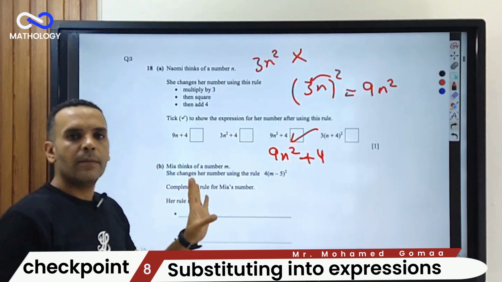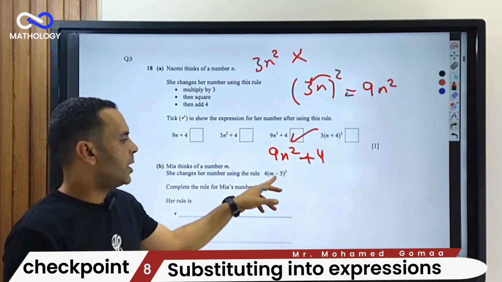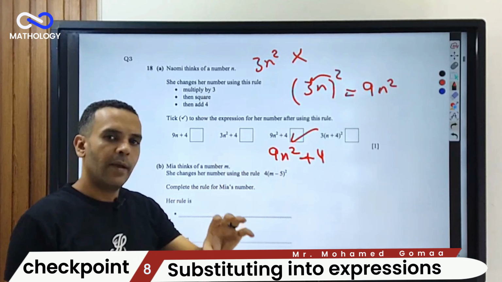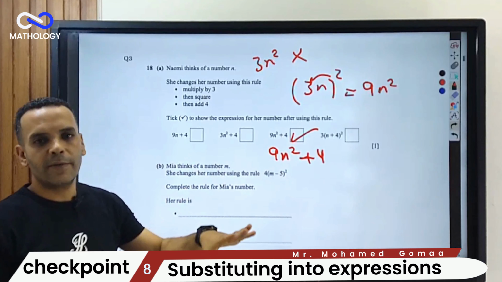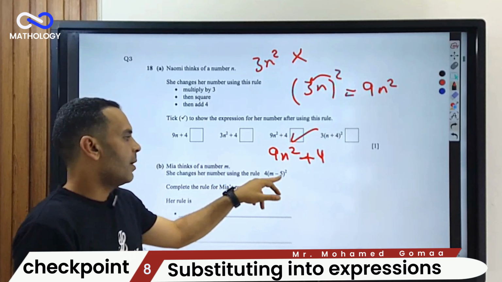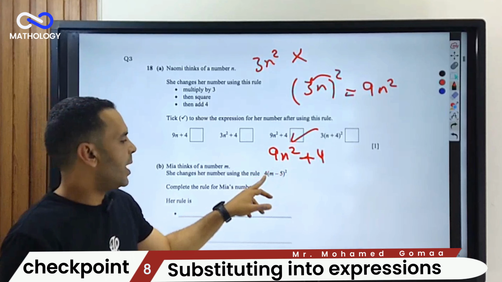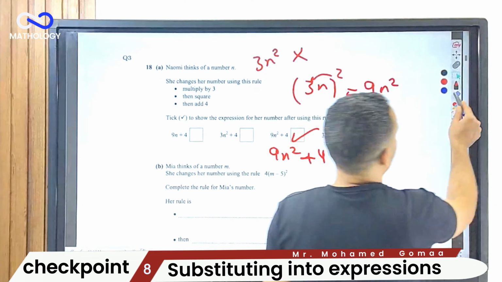Okay? Discover the rule. First, she subtracted 5. To make her number m minus 5, she has to subtract 5. It will be m minus 5. Okay. Then she squared the number: m minus 5 all power 2.